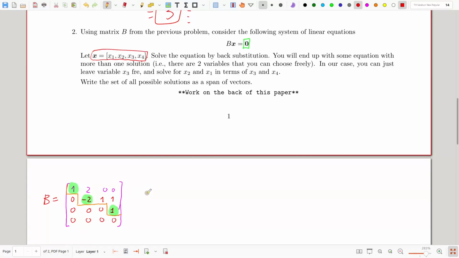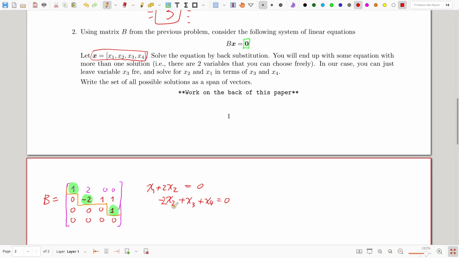The first equation is x1 plus 2x2 equals 0. The second equation is minus x2 minus 2x2 plus x3 plus x4 equals 0, and then x4 equals 0.